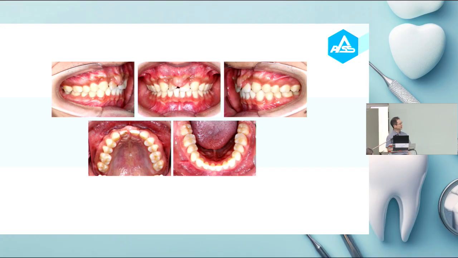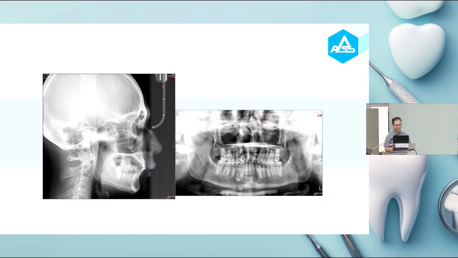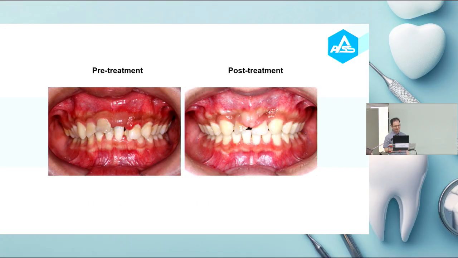Finally, we close the extraction space, correct the deep overbite of the front teeth, and establish a balanced occlusion. This is the post-treatment cephalogram and panoramic film. You can see his anterior deep overbite was corrected to normal, and the patient has enough room for restoration of his anterior teeth.